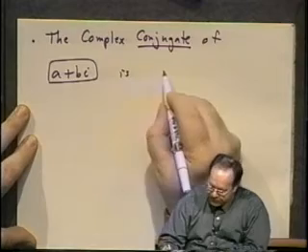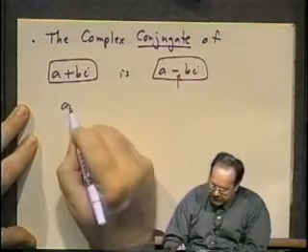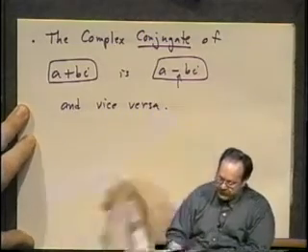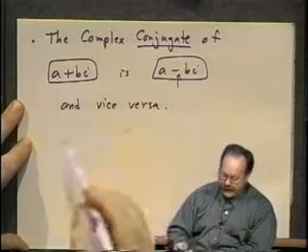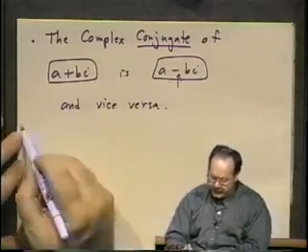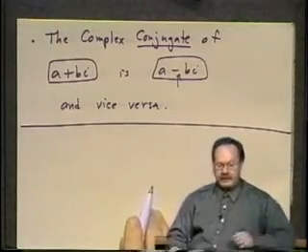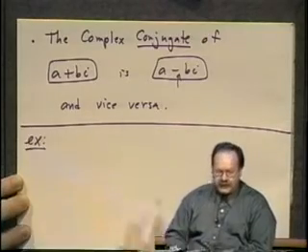It is a minus bi, and vice versa, which just means you can reverse the process. The conjugate of a minus bi is a plus bi. You simply change the sign between the a and the bi. Now that will become very important as we talk about complex numbers. So, just so we can practice with this a bit, let's look at an example.